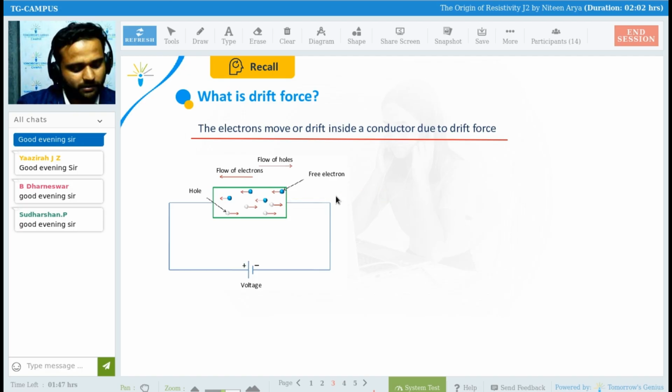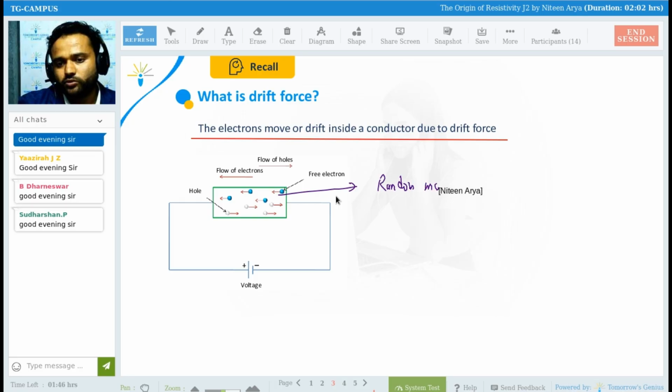Okay, there is random motion of electrons in a conductor.